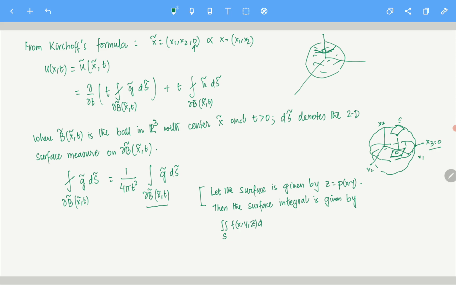I am taking x1 x2 x3, so let me write it like x1 x2 x3, otherwise you may get confused.